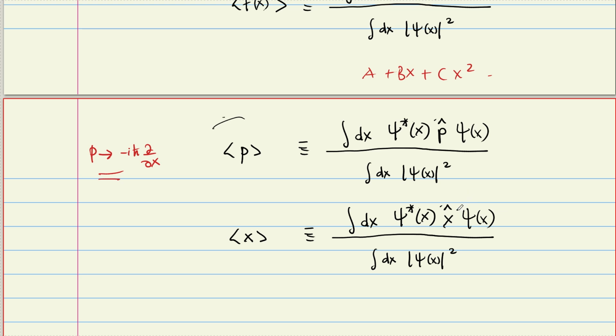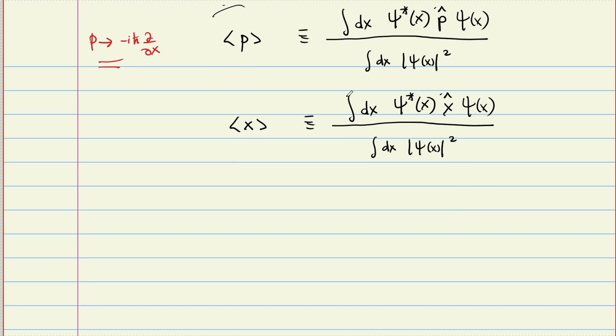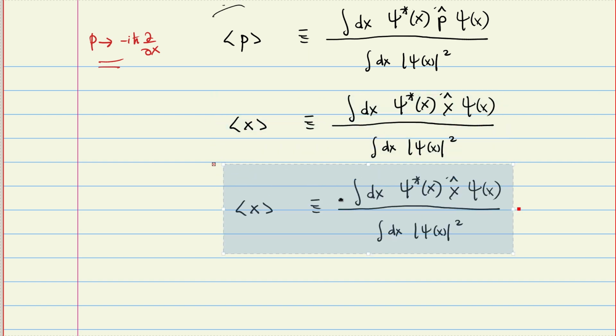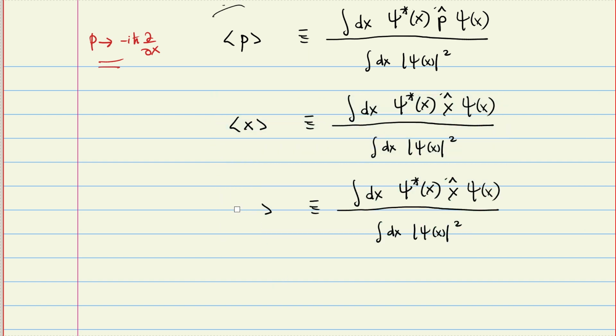It is going to act on the wave function. Moreover, even if you have a complicated object that's a function of not only x or p, but also a combination, let me call it a function g of x and p, you can put it in between. So that's the rule.